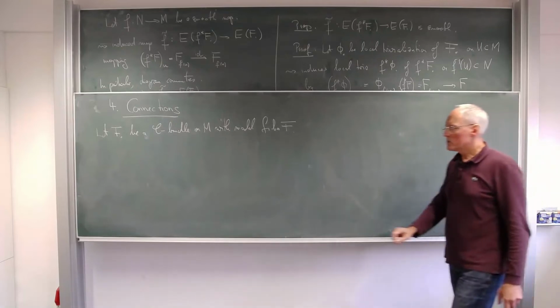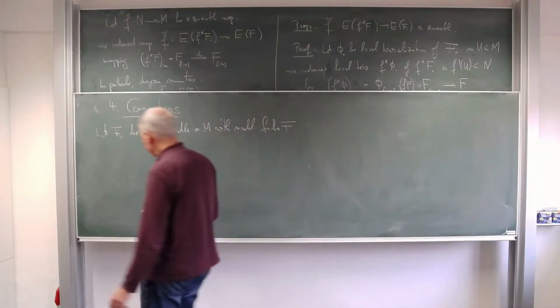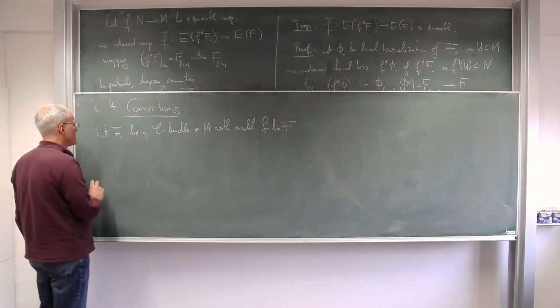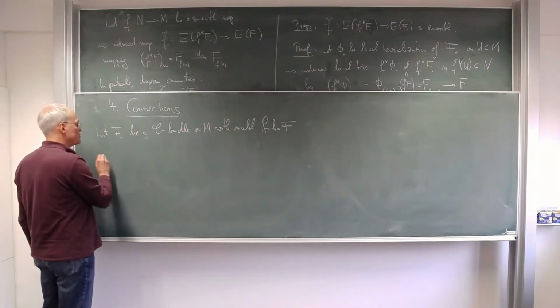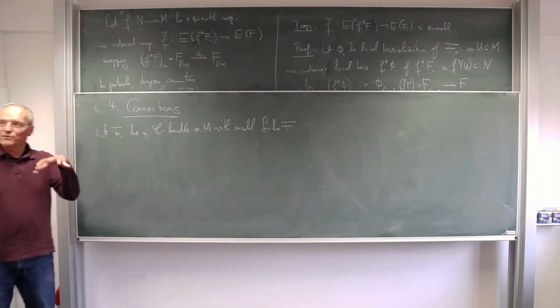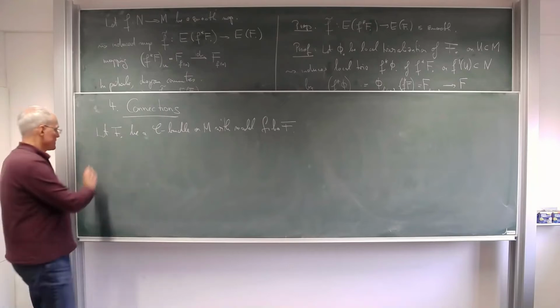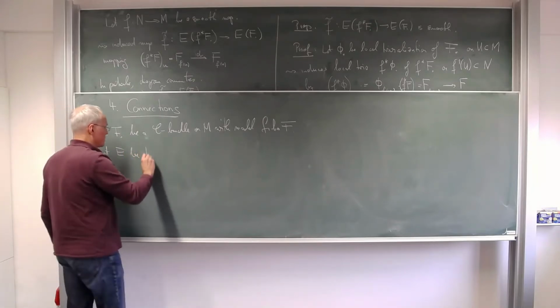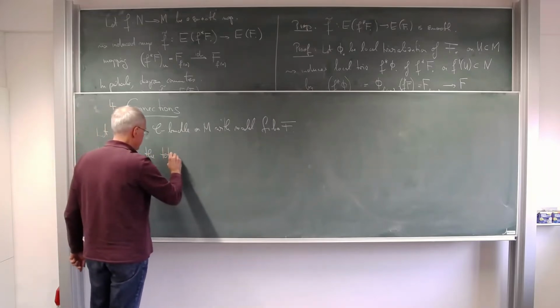And then we can look at the following vector bundle, namely, a bundle where the base manifold is now the total space of this bundle. So let E be the total space of the bundle.